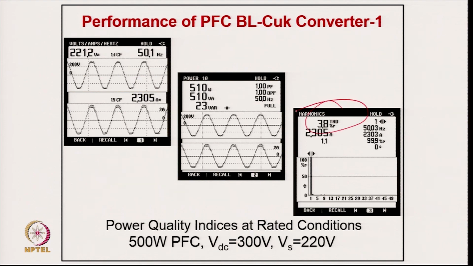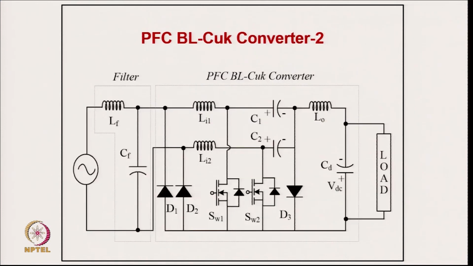You can say THD is only 3.8% for 510 watt and power factor is unity, and you can see the supply current and supply voltage are in phase, and current is almost distortion free with this 500 watt design of the bridgeless Cuk converter.